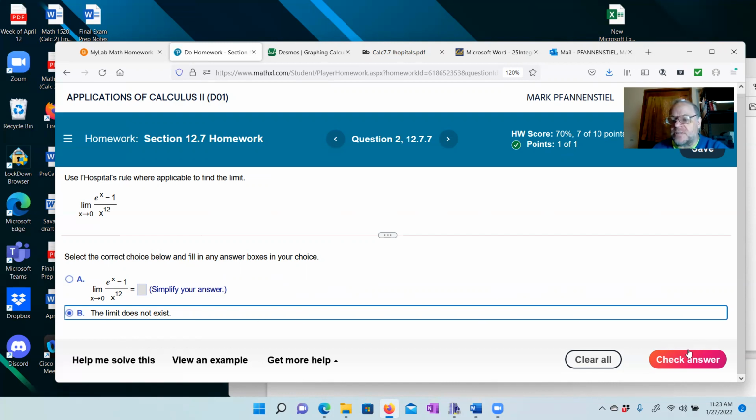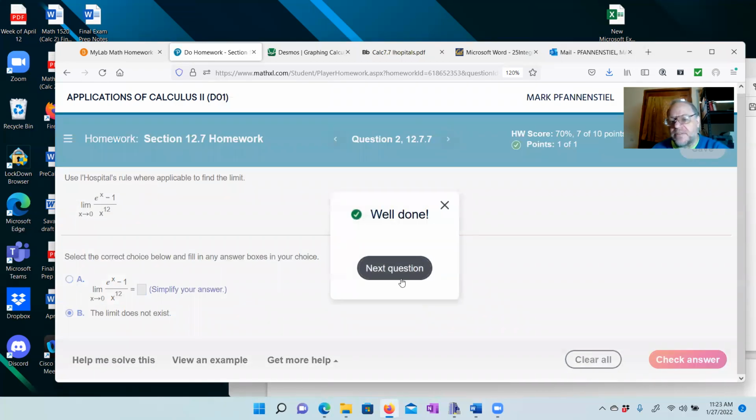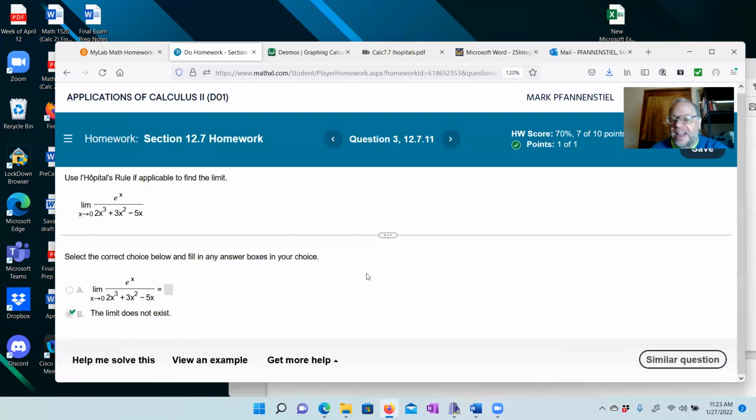This does not exist, so we'll check it and move on with our lives. Be really careful. You're probably going to get this wrong a few times, because even though you're thinking it's infinity, you can't write that. It's got to be does not exist, except when it isn't. I'm sorry about that. Your book changes its mind a lot with this.